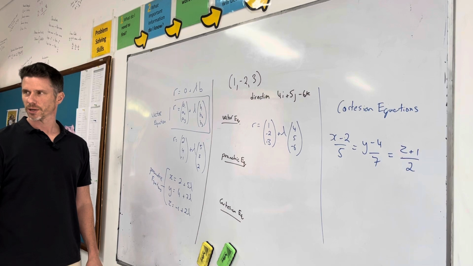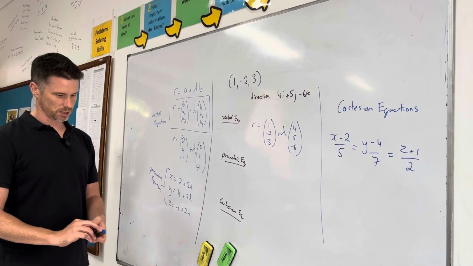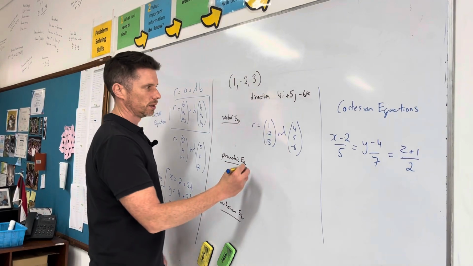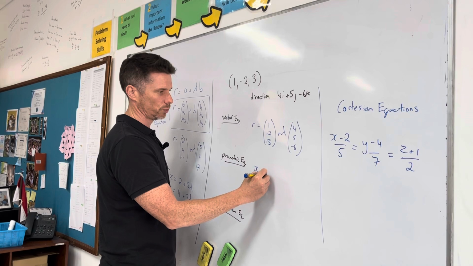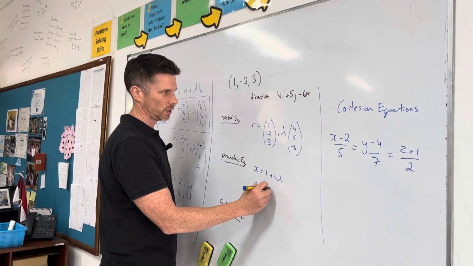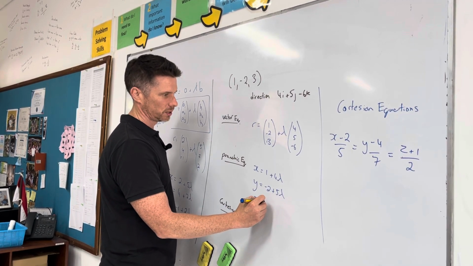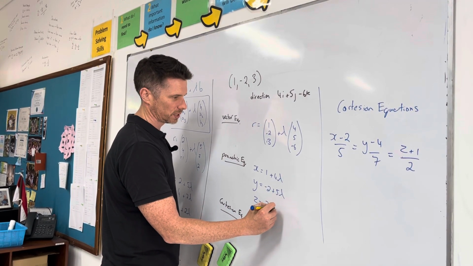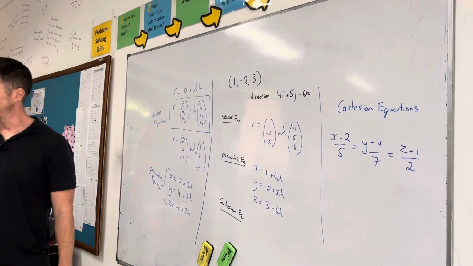We turn it into parametric equations to solve for those points, when we want to find a particular point along it. Letting r be x, y, z, x is 1 plus 4 lambda, y is minus 2 plus 5 lambda, and z is 3 minus 6 lambda. Then I need to rearrange.